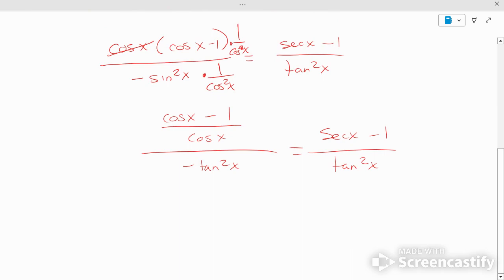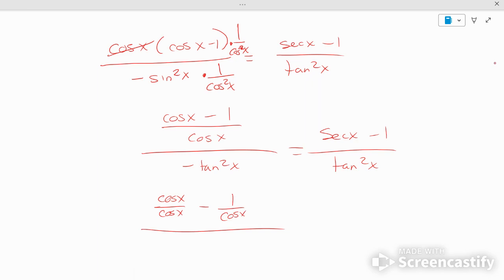Okay. Now what? I'm close, but I'm not there. In my numerator, I can separate this into two separate fractions. My first fraction is going to be cosine of x over cosine of x. What's my second fraction going to be? 1 over cosine of x.